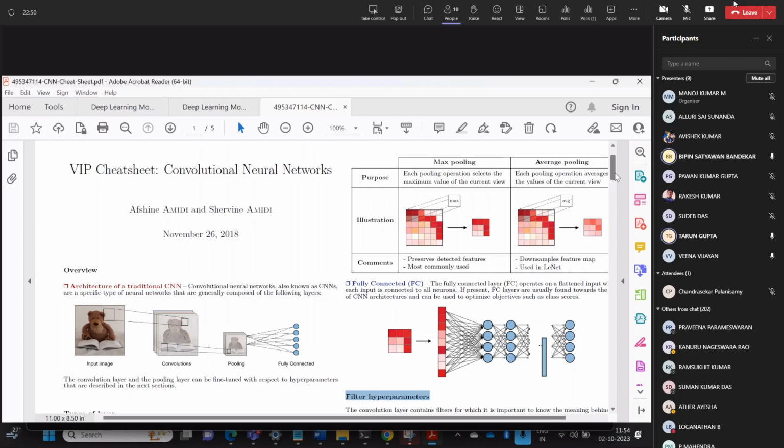Don't look at it that way, because you really can't perceive how the images will look after taking the max of a particular patch. It's a good way of representation here in the cheat sheet, but you really can't see anything.